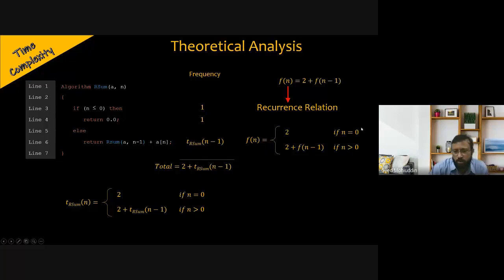Now this whole thing cannot be directly computed, and we cannot directly say that it's linear, quadratic or cubic, because we don't actually know what f of n minus 1 and f of n will be.